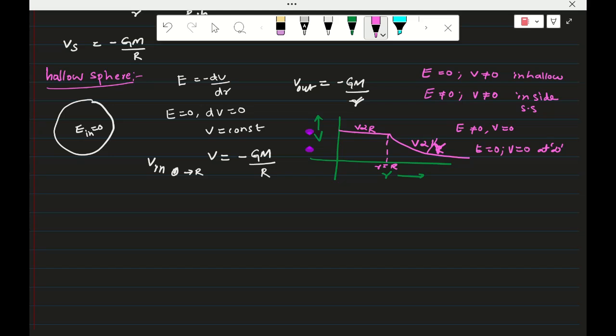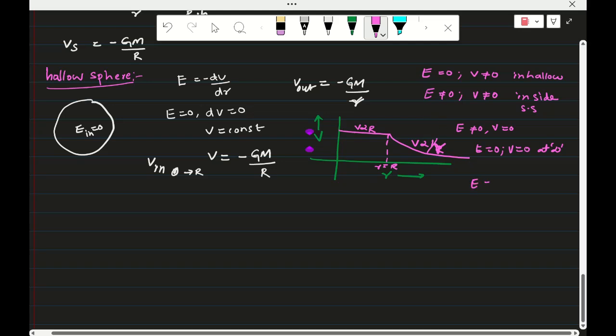But where E is not equal to 0 but potential is 0, that is on equipotential surfaces. That we'll discuss in some other topic, right? Where E is not equal to 0 but potential is 0, those points. This will be compared with E as acceleration and potential as velocity.